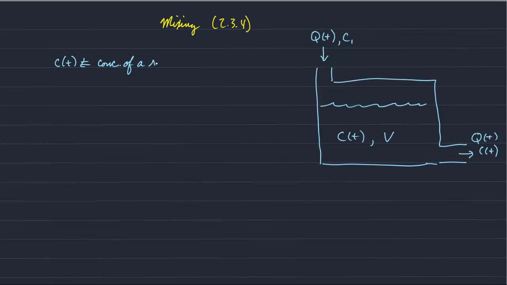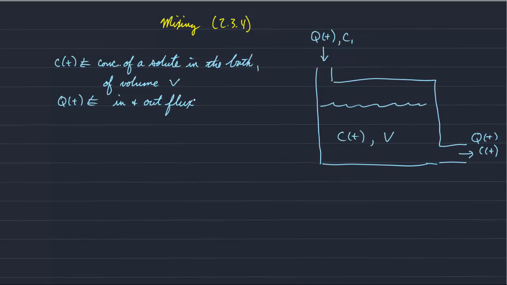So C is the concentration of a solute in the bath, and this is the quantity we're going to solve for. It's going to vary with time. And the bath has a volume, little v. Q is the in and out flux through the input and output valve. The flux being measured in, say, meters cubed per second.